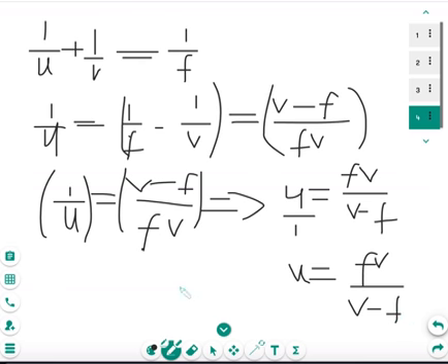So when you were here, you could have easily multiplied through by u because you want the u to go upstairs, and that's a long approach that you come to the same answer.